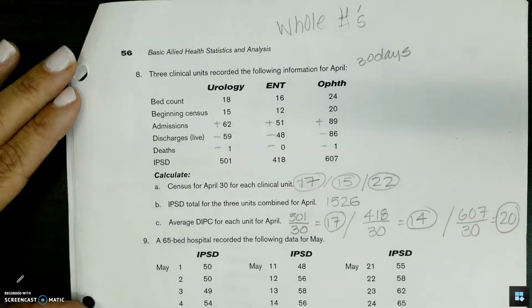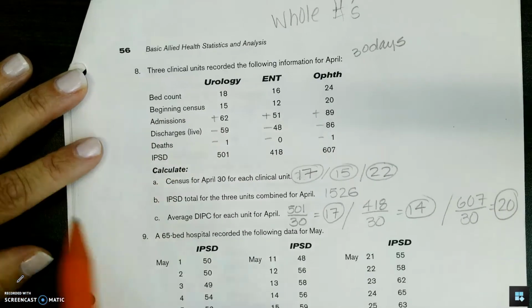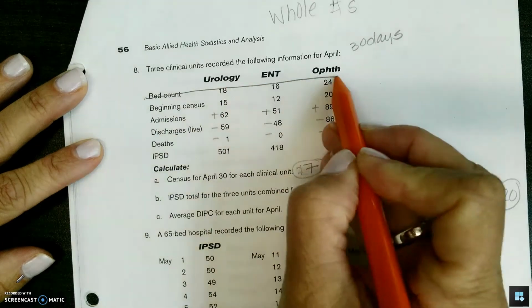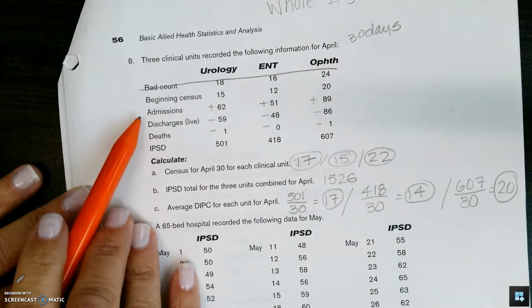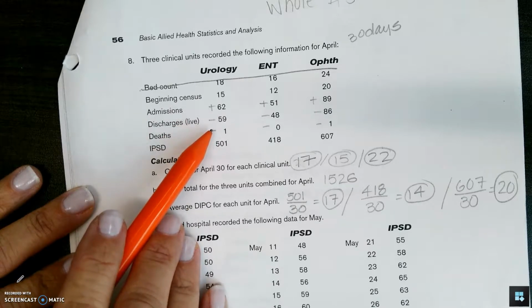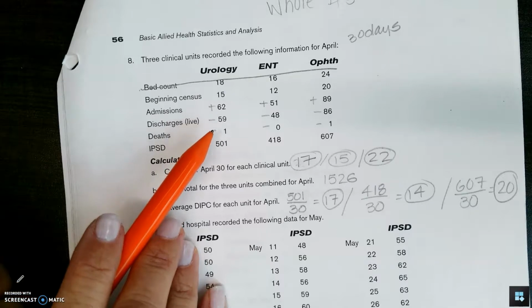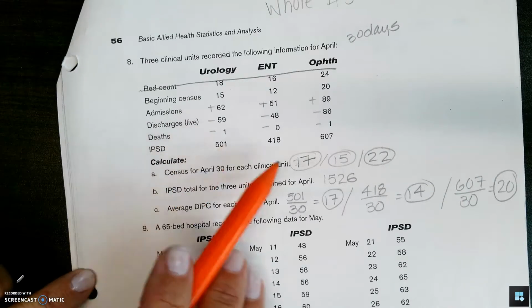So we're going to start with the beginning census. We're not going to mess with the bed count. You can even just scratch off the bed count right now because we don't need it. So the beginning census, 15, we're going to add to it the number of admissions in urology, 62, subtract 59 live discharges, subtract 1 death for 17.